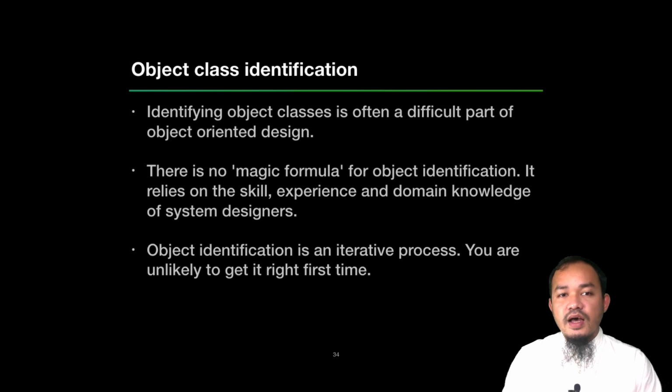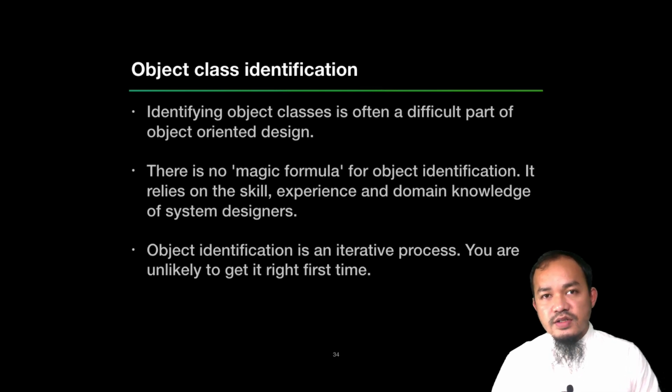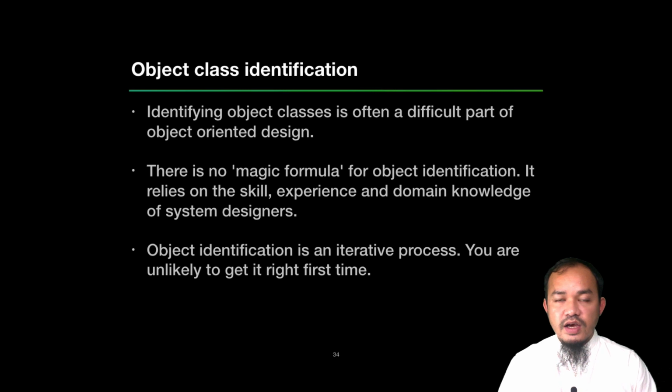For object class identification, we have the context of the system, the architecture design, and the components, right? For each component, we have to identify the object classes. As we know, a class represents the blueprint of the system.